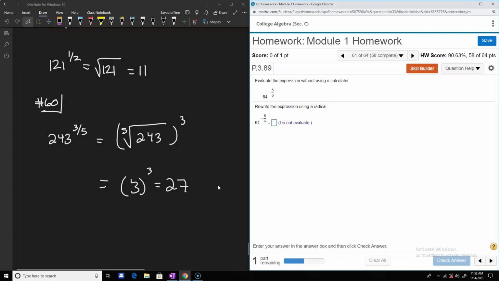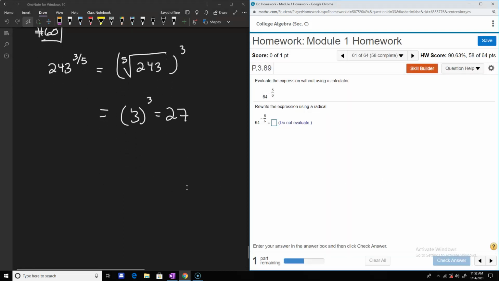last few questions to look at. Number 61, we have 64 to the negative 5 over 6. So remember, the negative really just means it's 1 over that value. So we can actually write this as 1 over 64 to the 5 over 6.